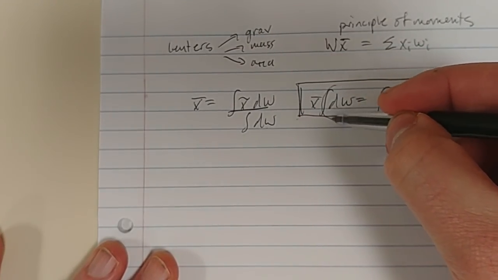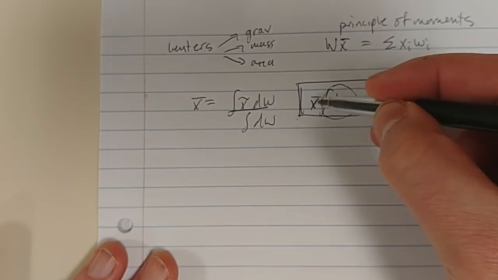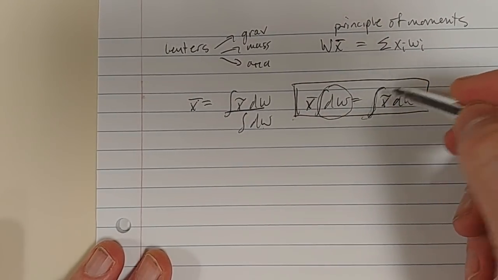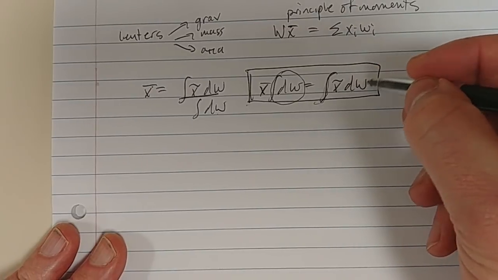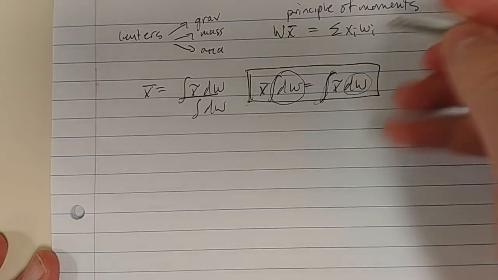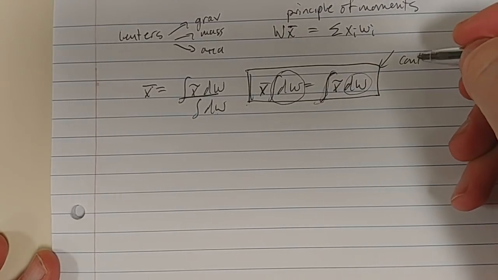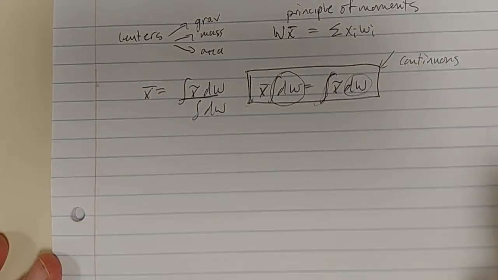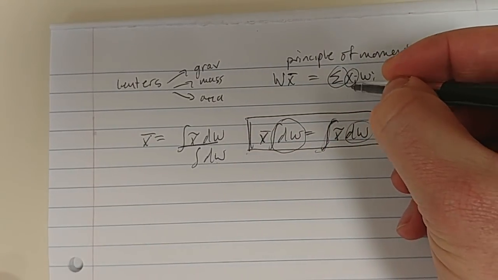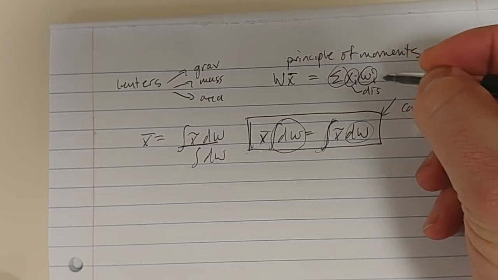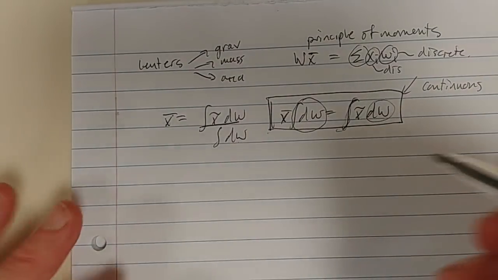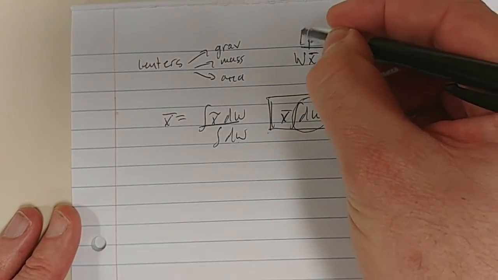We're saying that the moment of the total weight about a certain axis is equal to the sum, that's the integral, of the moments of all the differential weights. The reason why we used an integral is because we have a continuous system. We use the summation when we have individual discrete elements. I hope you're getting that idea, but nevertheless, it's the principle of moments.